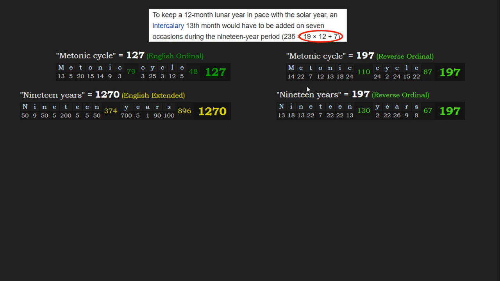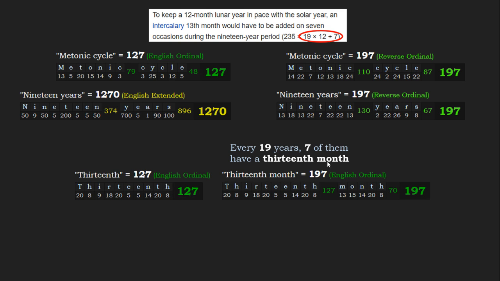Again, the Metonic cycle is a period of 19 years, which also in reverse sums to 197. Every 19 years, 7 of them have a 13th month. And when we say month here, we're talking about a lunar phase.